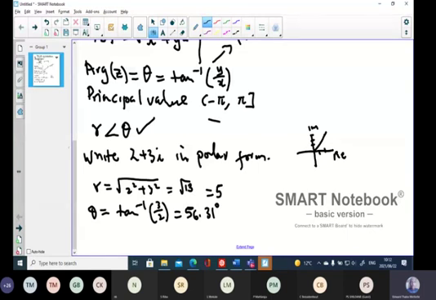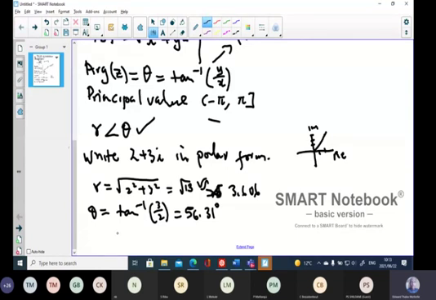Tan inverse of 3 over 2. 56.31 is correct. So now using this form, r is approximately equal to 3.606.